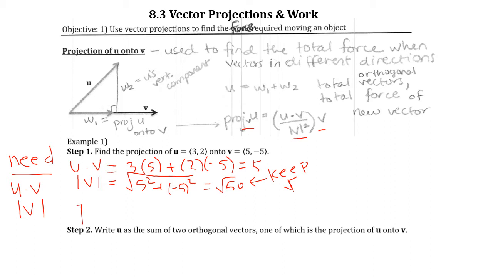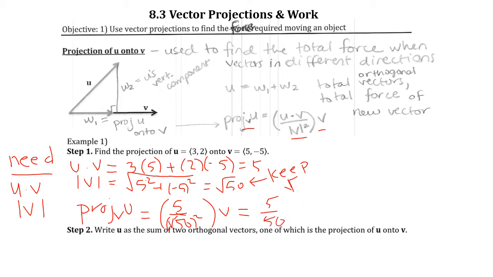So the projection of U onto V, as you can see, the V is what we're projecting it onto. We take the dot product of 5 over the square root of 50 squared times vector V, and as I reduce this, that becomes 5 over 50.